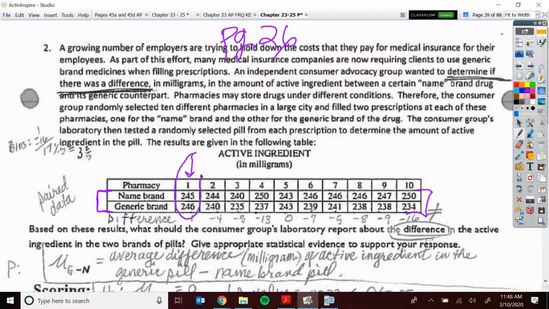So see, that's matched pair. It's matched by pharmacy. So here's my question. Do you need to put this list right here of the pharmacy's numbering into your calculator? No, that's just a label of which pharmacy it is. The information is name brand and generic. Okay, and you want to match those up.